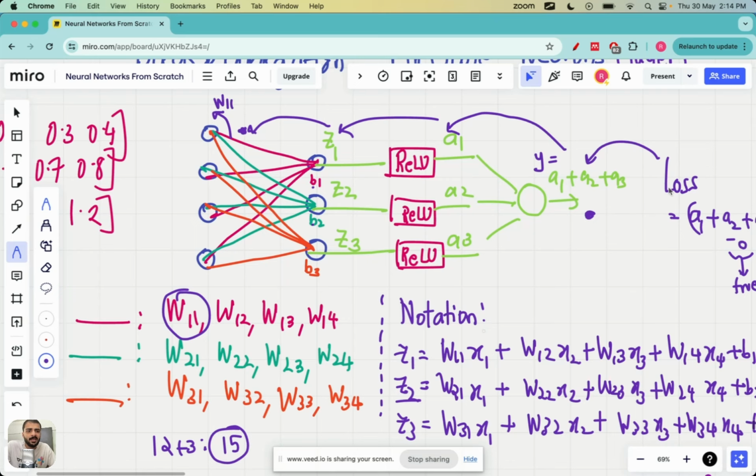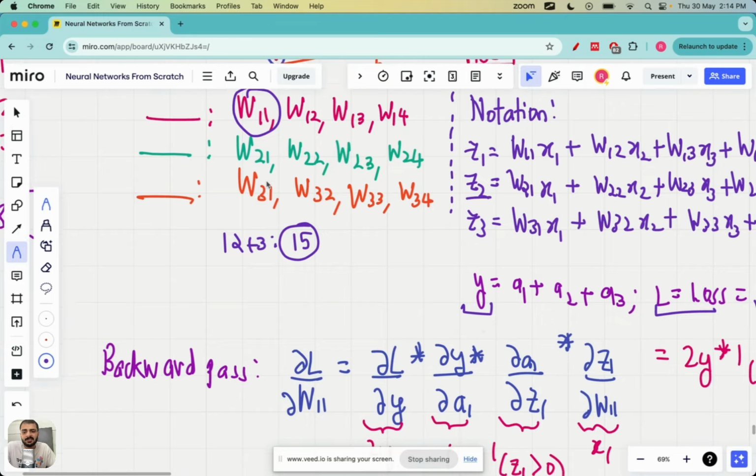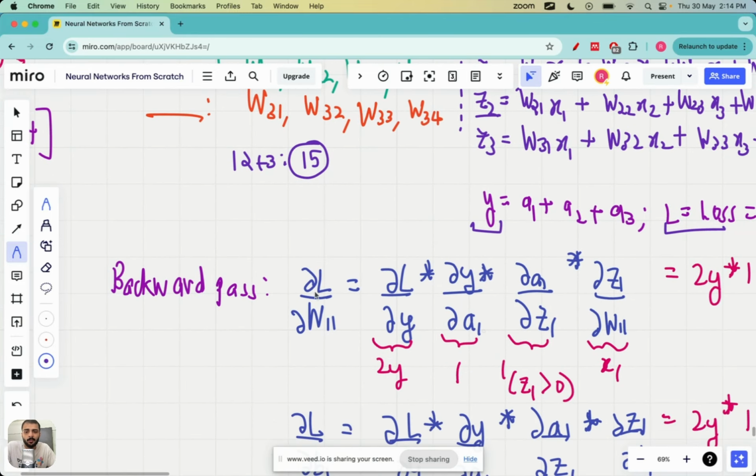To find the gradient of loss with respect to W11, I'll need to backpropagate. I'll first need to find the partial derivative of loss with respect to y multiplied by the partial derivative of y with respect to a1 multiplied by the partial derivative of a1 with respect to z1 multiplied by the partial derivative of z1 with respect to w11. That's it.